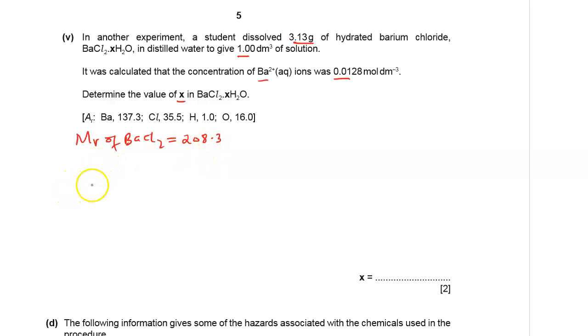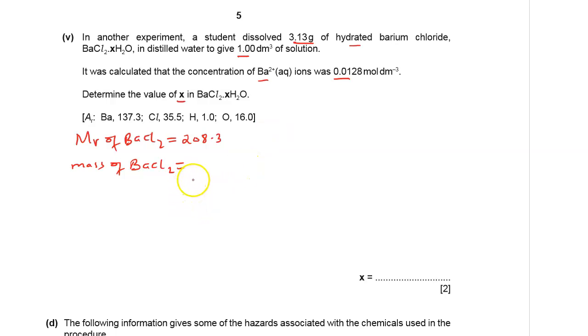Therefore, the mass of anhydrous barium chloride in water, this is without the water of hydration, so you get the mass of barium chloride in this solution of water.